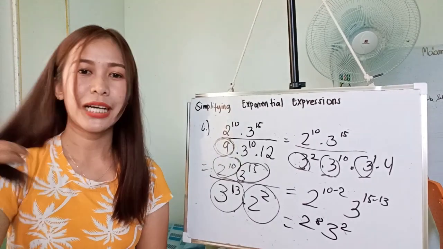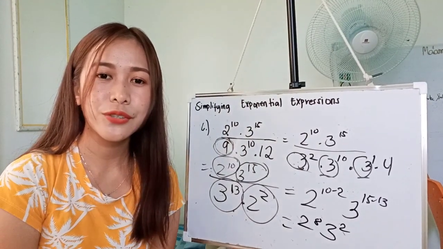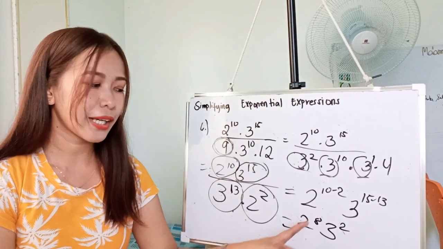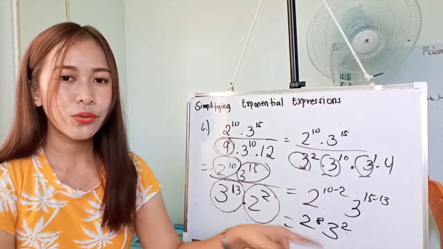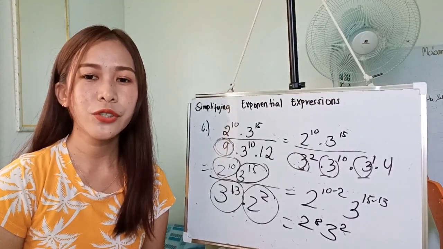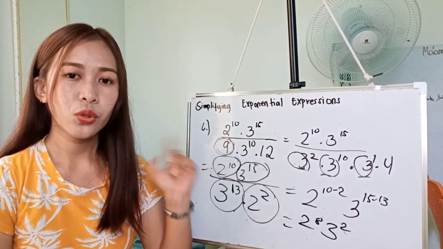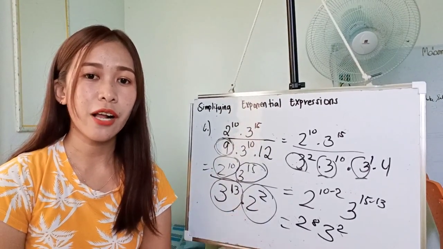And tapos na ba tayo dyan? Hindi pa. Of course, what we are going to do is to simplify pa. Di ba? Kasi kailangan pa natin yung i-expand. Like, itong 2 raised to 8, 2 times 2 times 2 times 2 hanggang maka-8 ka. Itong 3 raised to 2, 3 times 3. Then, how are we going to simplify? 2 raised to 8, you multiply the base 2 eight times to itself. Tama?